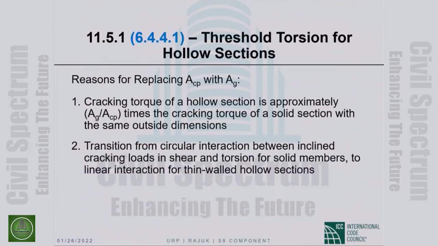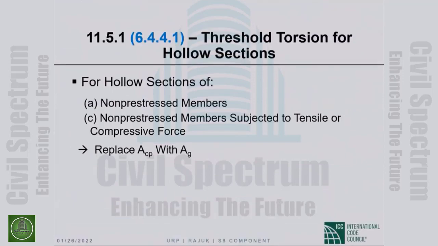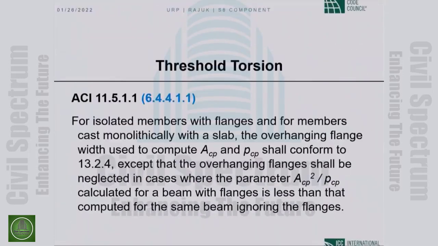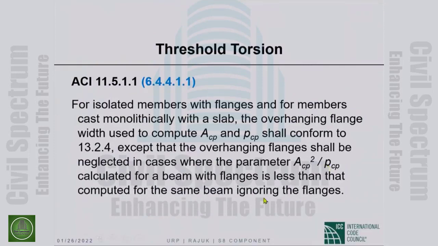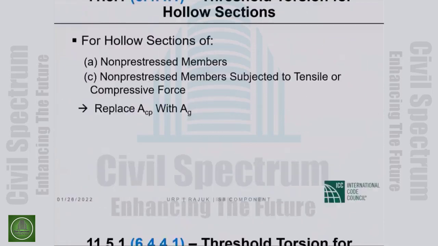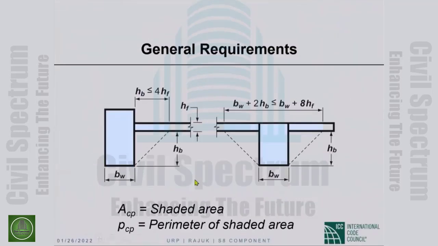So this ratio, A sub CP squared over P sub CP, when you include the flange with this beam section, goes down.